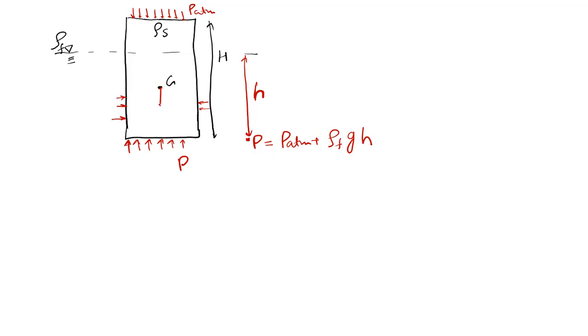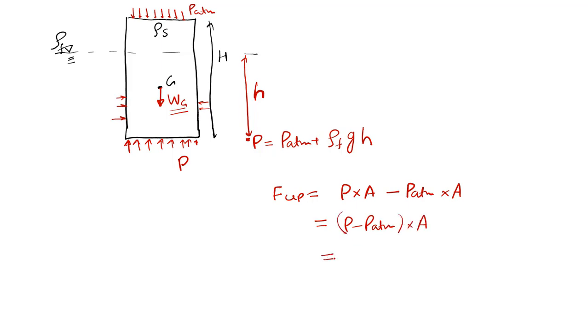It will also experience the weight of the cylinder. Due to the hydrostatic pressure, how much net upward force is this cylinder experiencing? F upward is P into cross-sectional area minus P atm into cross-sectional area. So this is nothing but P minus P atm, times A. What is P minus P atm?